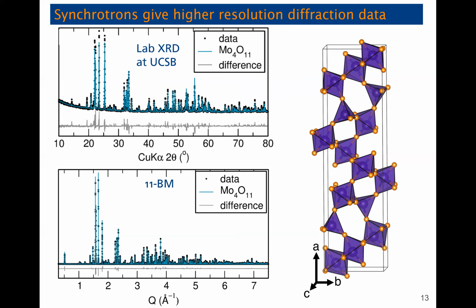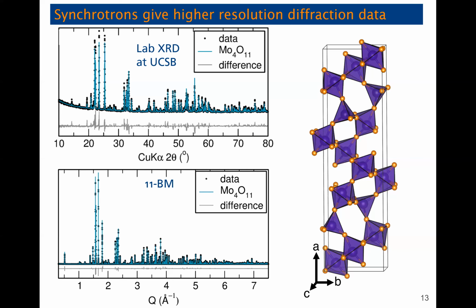So the easiest thing to feed into your model to start is a structure file of the material that you want. But then if you have really high quality data, like from a beamline, you can tweak things like the exact atomic positions. Maybe they're shifted a little bit, or the atoms move around when they're experiencing temperature. And so in different crystal structures, you'll get atom motion in different directions.